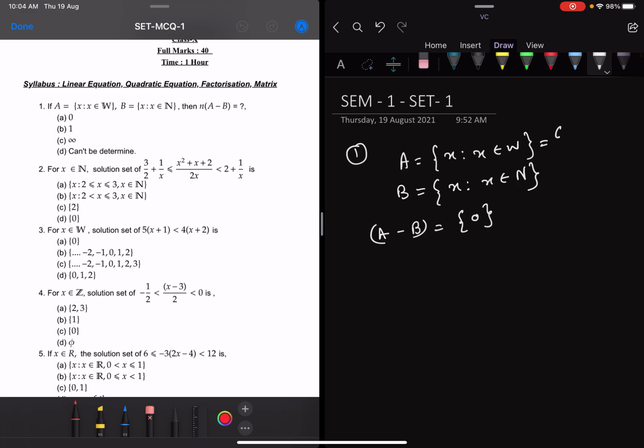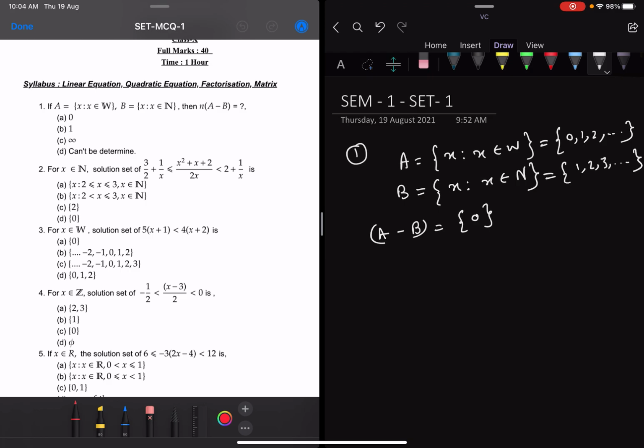Because for whole numbers the set starts from 0, 0, 1, 2, 3 and so on, and here it is 1, 2, 3 and so on. So the only element 0 will be left in A if we take the difference with B.